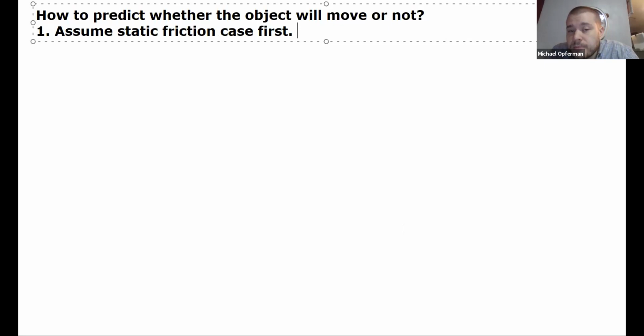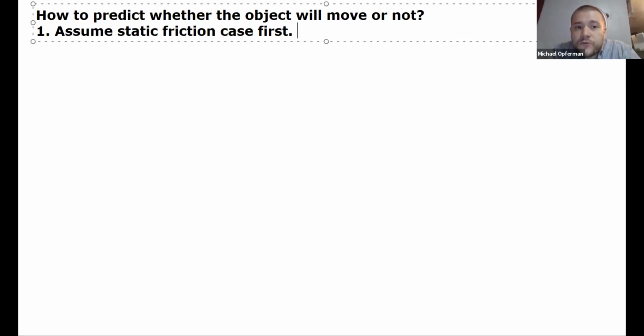That's because when it comes to the static friction case, you actually have a method of determining whether static friction can or cannot happen, and that's F max. For kinetic friction, you have no way of determining whether your guess is right or wrong. So you have to assume, or guess if you prefer, that the static friction case is the correct one and the objects are not going to move.